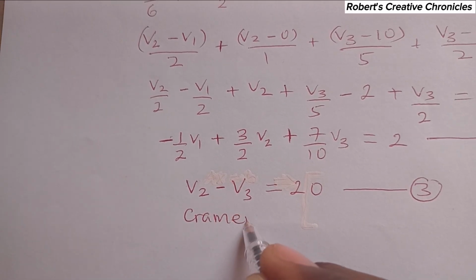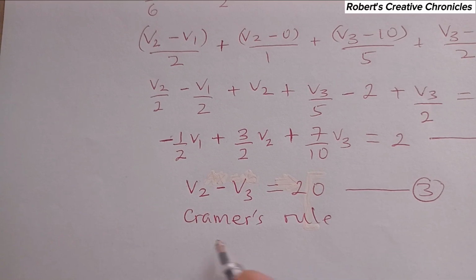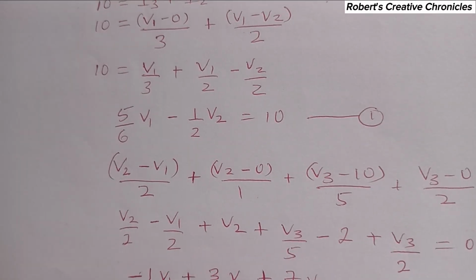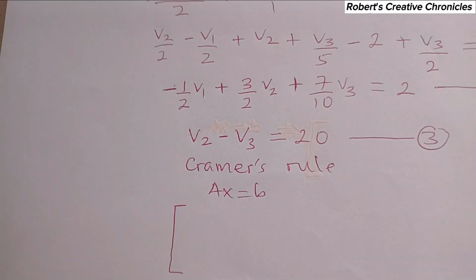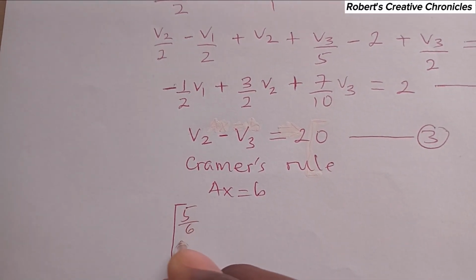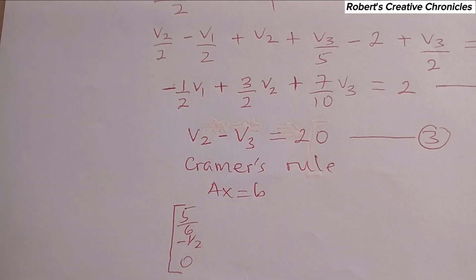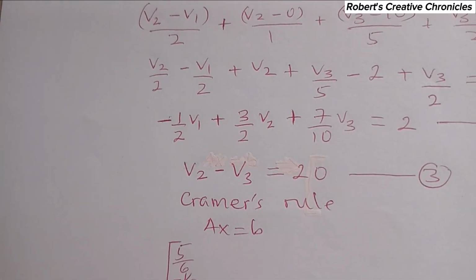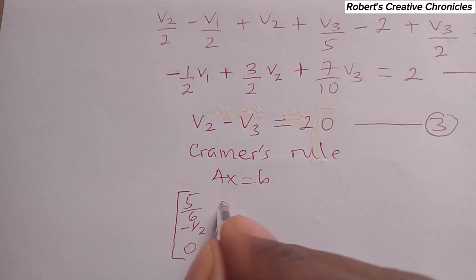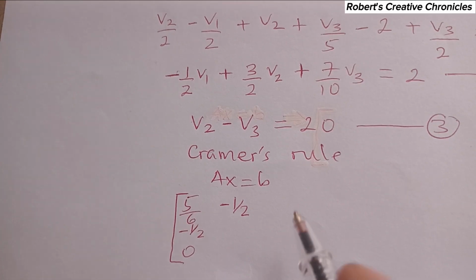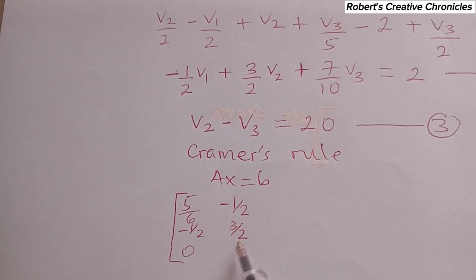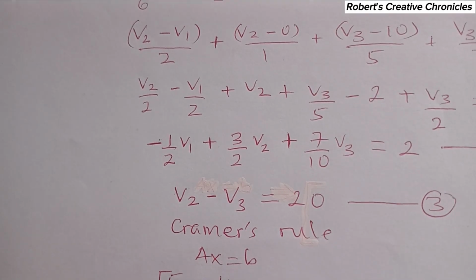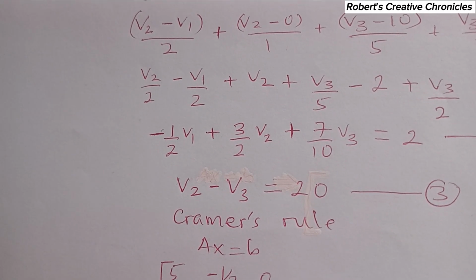So I'm using Cramer's rule, AX equals B. The coefficient matrix is 5 over 6, minus 1 over 2, 0. Then the second row: minus 1 over 2, 3 over 2, 7 over 10.